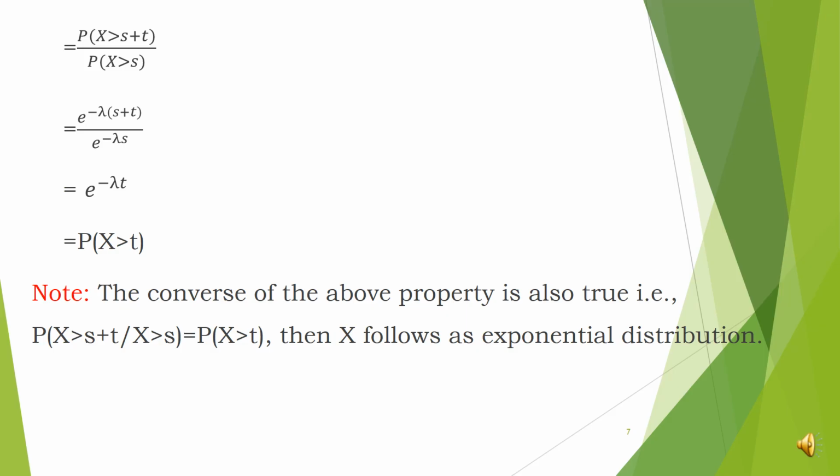This memoryless property can be mathematically expressed as the probability that x exceeds s plus t, given that it has already exceeded s, is equal to the probability that it exceeds t. This shows that the remaining lifetime is independent of the elapsed time. This property is widely used in reliability theory and queuing models, where it simplifies analysis significantly.